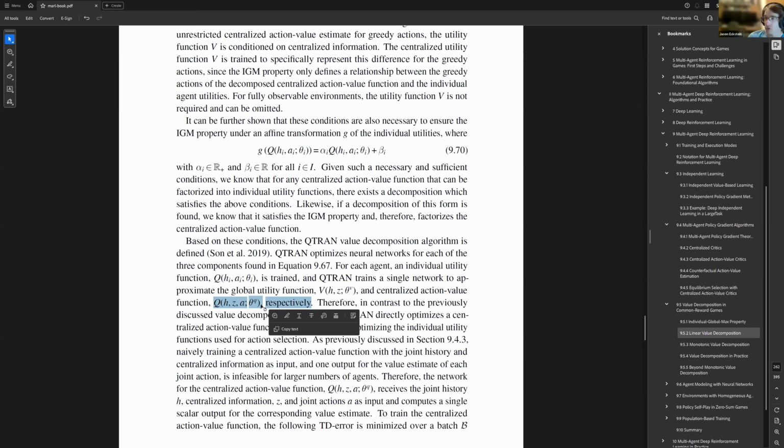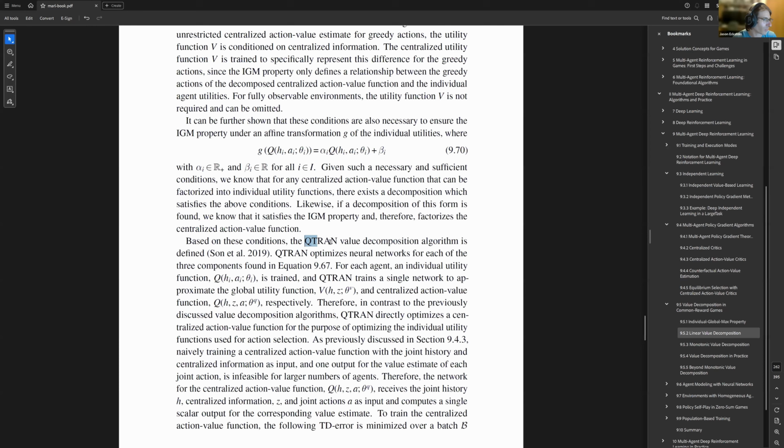Of course, we could just try to solve the problem with a centralized action value function, like treat it as an equivalent MDP. It's true we have a problem with the joint action space getting large, but this has the same scaling problem with the joint action space.